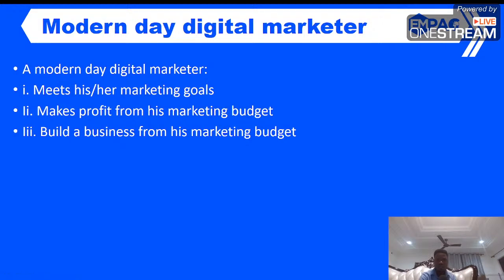We'll be using this scenario when we come to the practical section, where we will assume the 50,000 has been given to us, and then see how we can use that money, achieve the target sales, get the budget back with profits, and also have a business out of that same budget. This is so powerful, and if it is well applied, you can be assured of exponential growth.